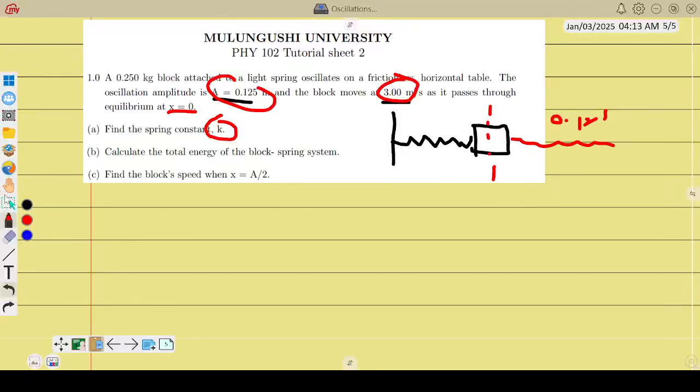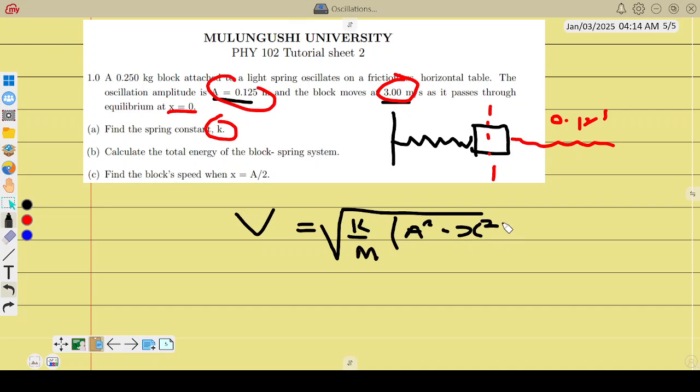When you collect your data and analyze things, remember the velocity as a function of position: v equals the square root of k over m times a squared minus x squared.